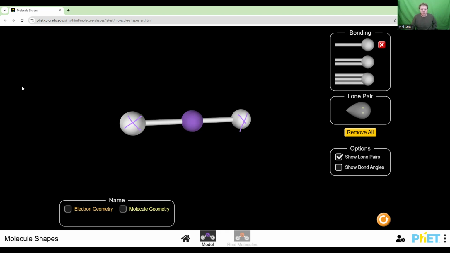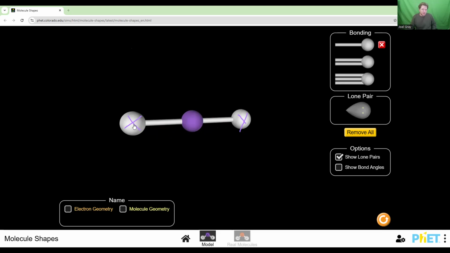But before I do that, I want you to think about some things with me. The one thing that I'd like you to think about is, well, this right here is two electrons. This right here is two electrons. So I've got electrons between my X atom and my purple atom in the middle. And then I've got electrons between my Y atom and my atom in the middle. Now, when I click on X and I drag it towards Y, what's going to happen?